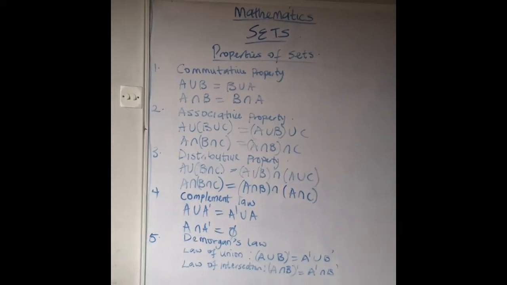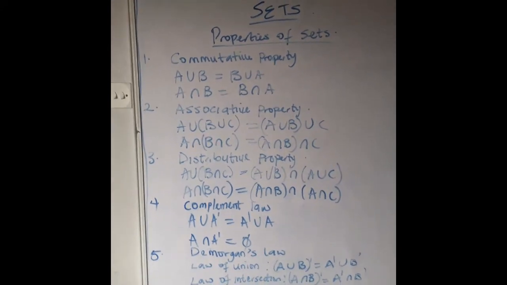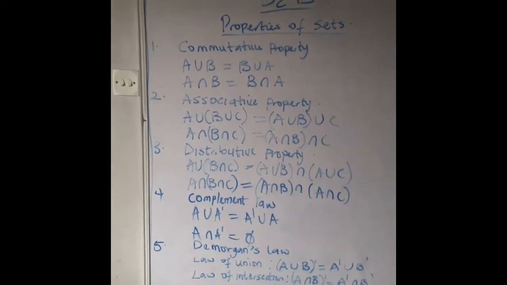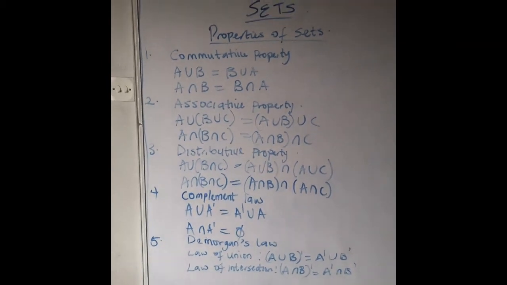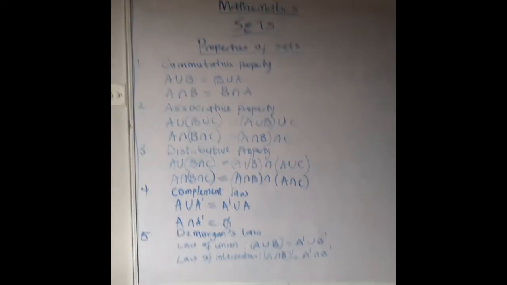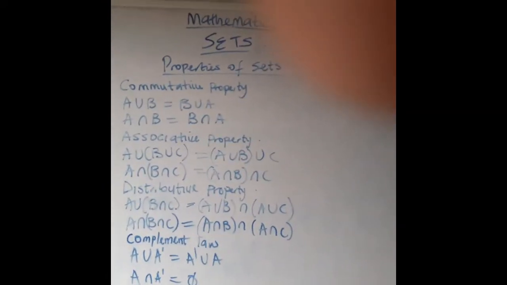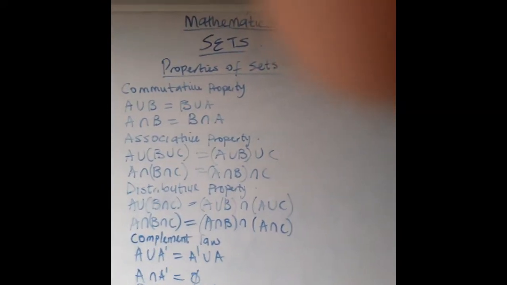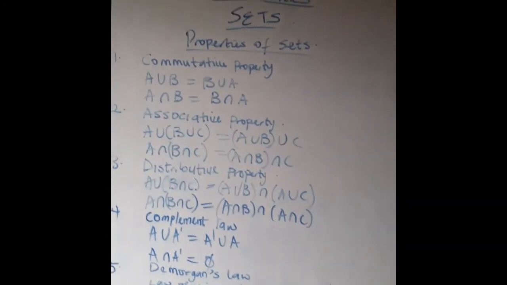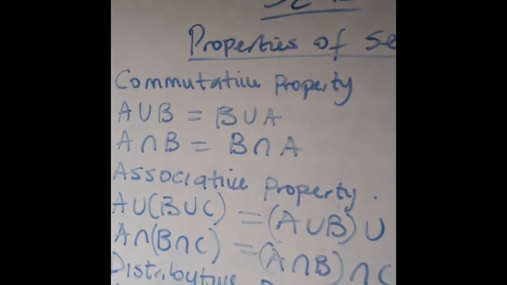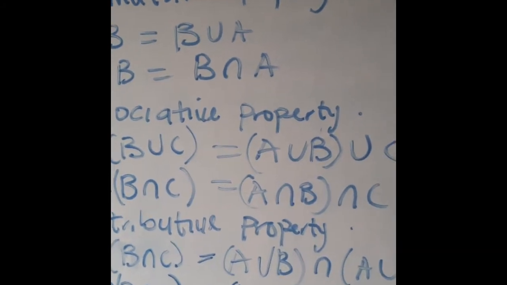These are the properties of sets we have. We have the commutative property. This is when we say A union B is the same thing as saying B union A, and A intersection B is the same thing as saying B intersection A. So I'm going to use this example here to explain all the properties.